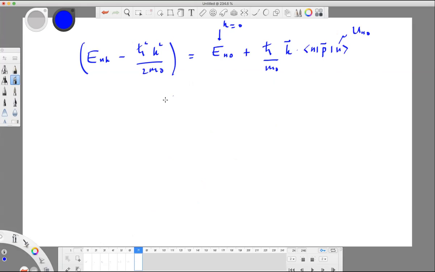Okay, and then the next term in this series is going to be this guy here. Now this sum is going to be over all the n primes different from n, which is a common n here we have on this side. And then we have k and the matrix element p n prime. This is going to go squared.